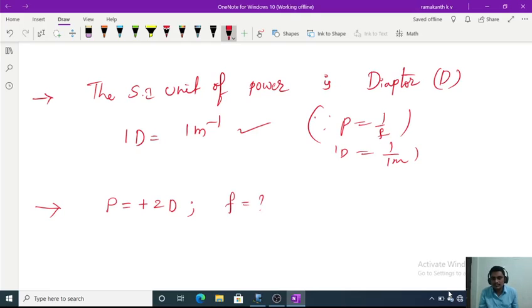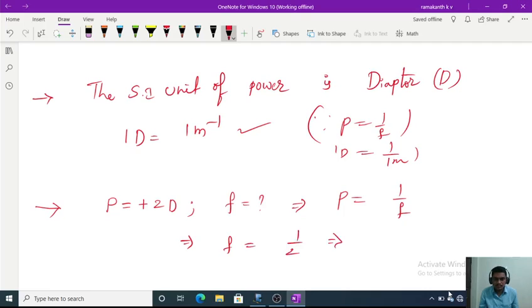What this positive represents we will see here. We have a relation between focal length and refracting power, P is equal to 1 by f. That implies f is equal to 1 by 2.